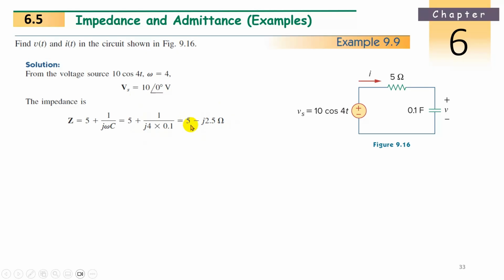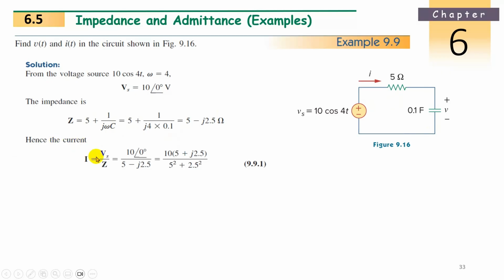Now you can observe this equation: minus j2.5 is there, and minus means capacitance. Previously we had resistance plus some reactance; when we substituted, the plus became minus, which means it is a capacitive circuit, by observing this minus term here.